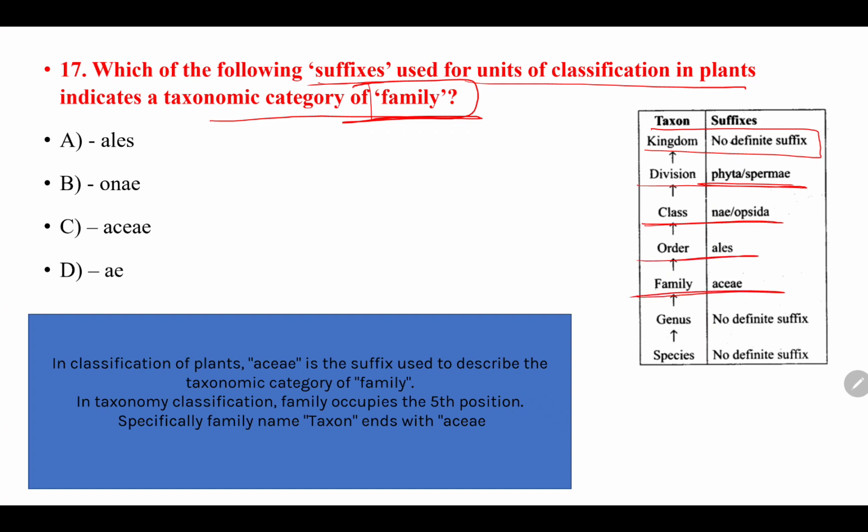Family, aceae. For genus, there is no suffix, and for species also, there is no definite suffix. Here they have asked the suffix for family. The suffix for family is aceae. Family is in the 5th position in the taxonomic hierarchy. So, option C is the right one.